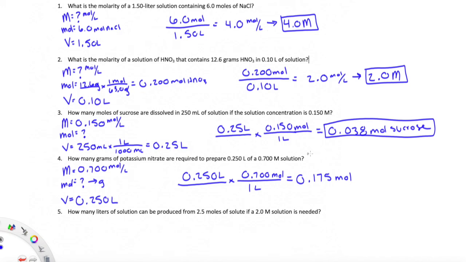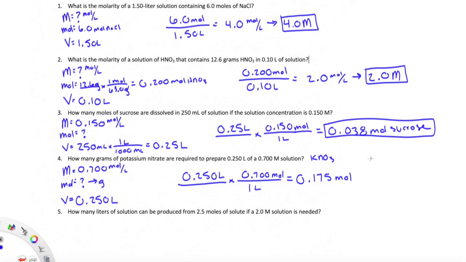And actually the formula for potassium nitrate is KNO3, and we're going to need that because we need the molar mass of that substance to be able to convert from moles to grams.